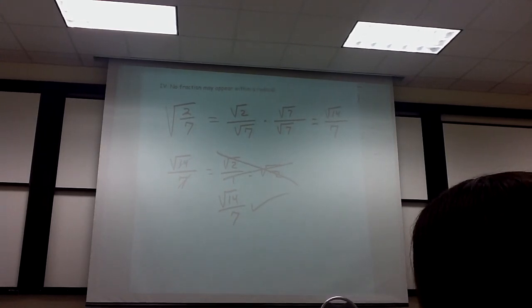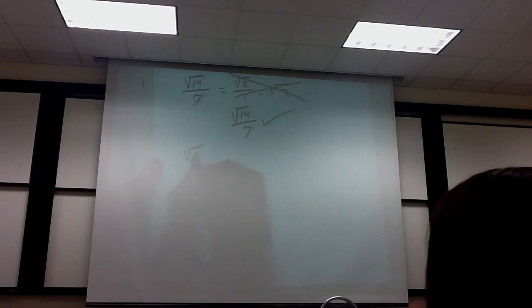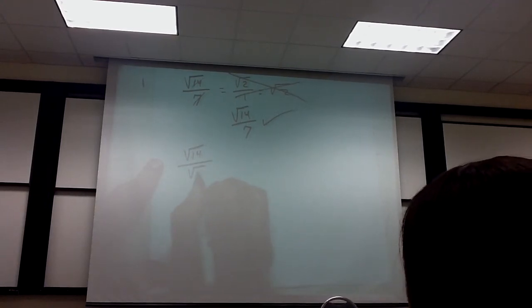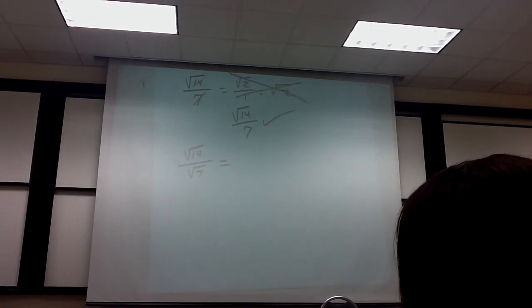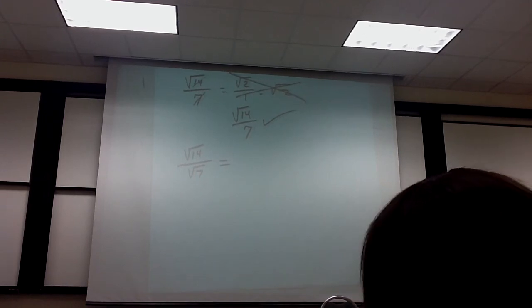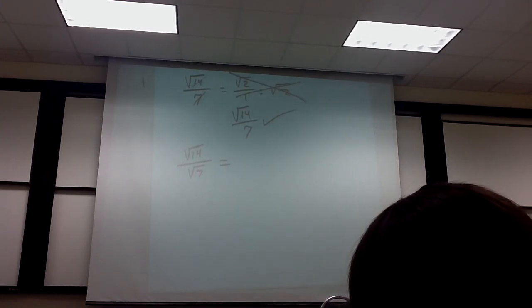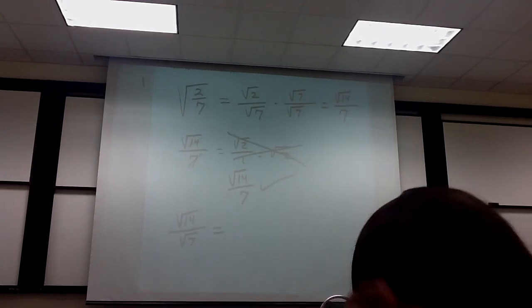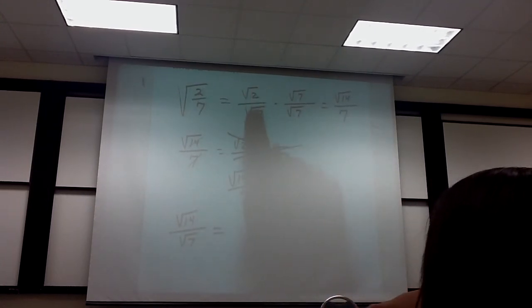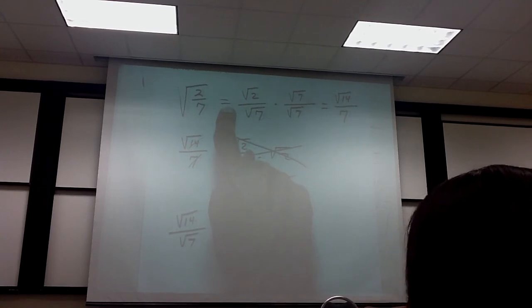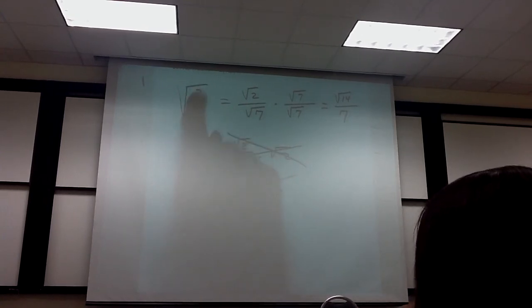Okay? But watch this. You think I can simplify that? Yes. Look at what our first step suggested: that if I have a fraction of radicals, I can express it as a radical of a fraction.